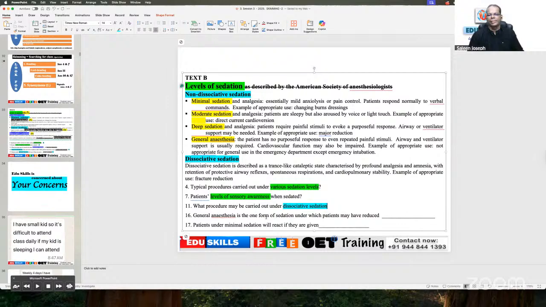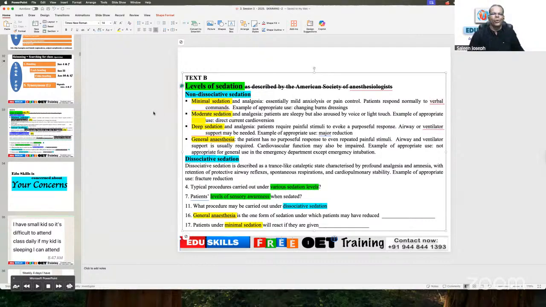Then, general anesthesia is the one form of sedation under which patients may have reduced dash. General anesthesia is there, cardiopulmonary stability. Immediately you go there. You have skimmed already, you know. You need not look into anything else but go there. Patients under minimal sedation will react if they are given verbal command.